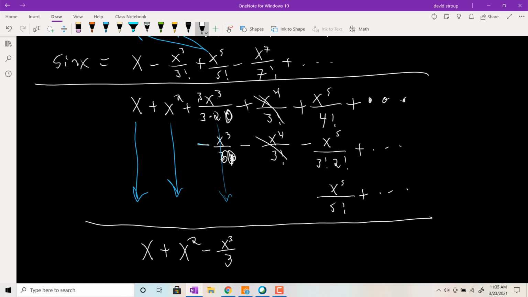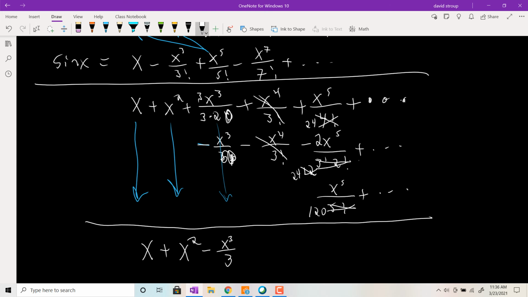So I need to go to this third one and see if that gives me anything. 5 factorial is 120. 3 factorial is 6 times 2 is 12. 4 factorial is 24. To get 24 here, I need to multiply by 2 on top and bottom.